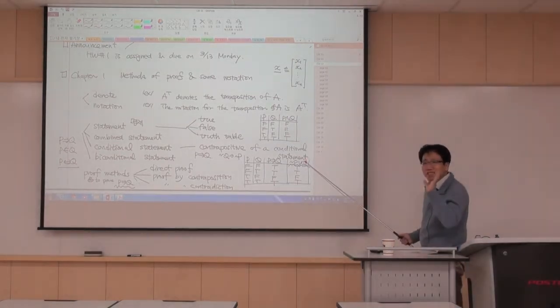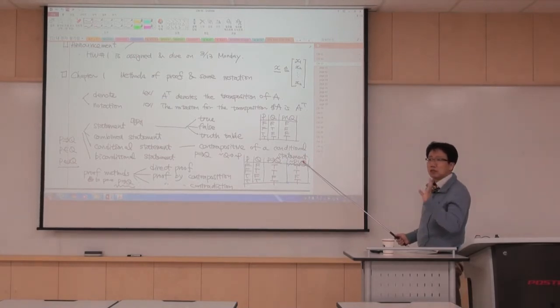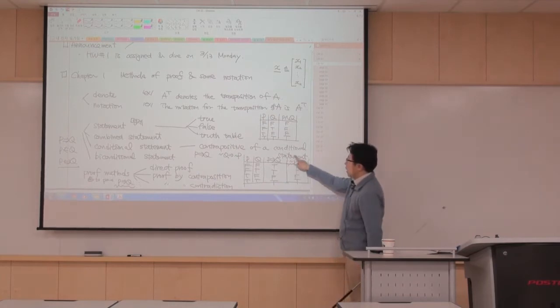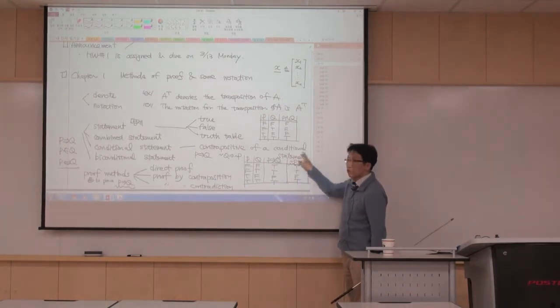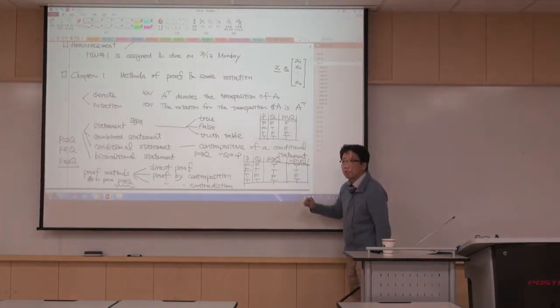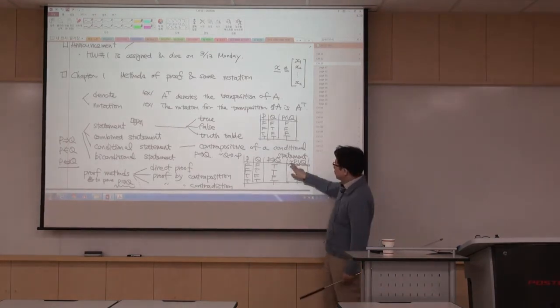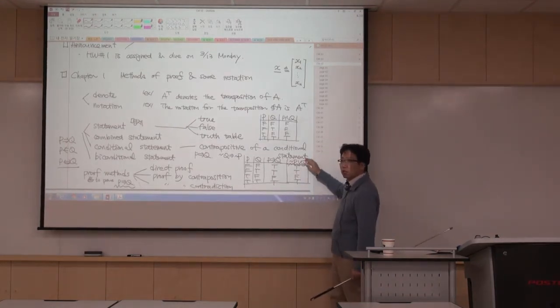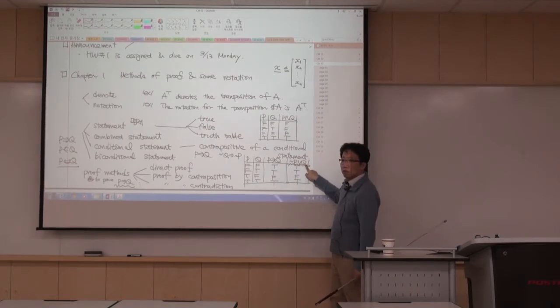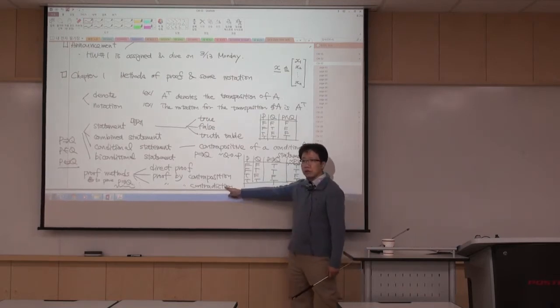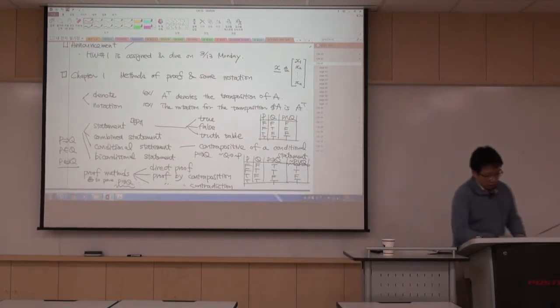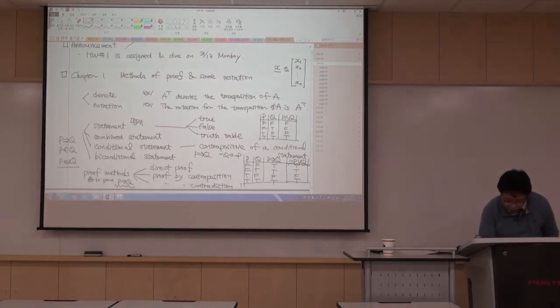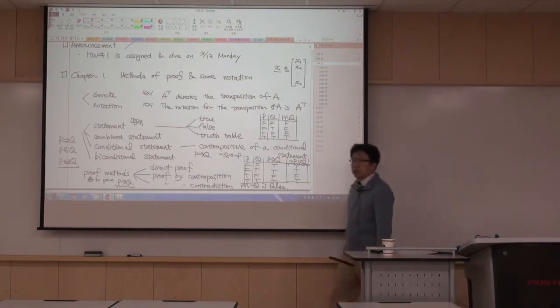Okay? But that is not proof by contradiction. Proof by contradiction is to prove that the negation of this one is false. Okay? Got it? So you want to prove this is true, which means that the negation of this one is false. That is proof by contradiction. So what you do is show that P and not Q is false.